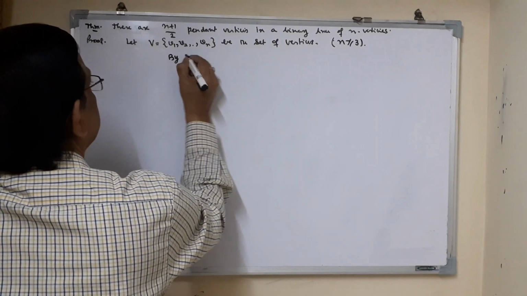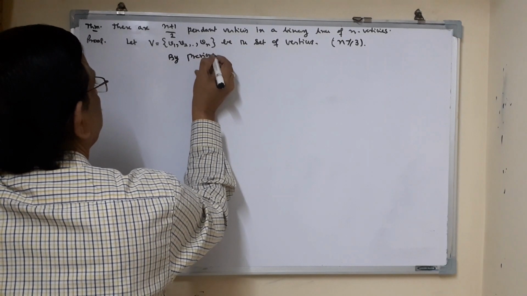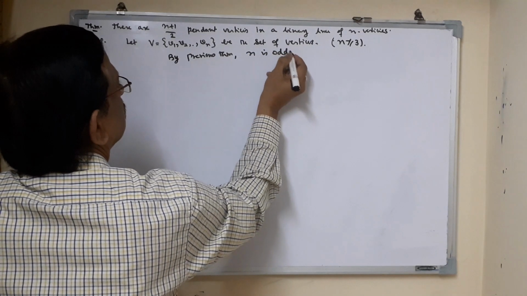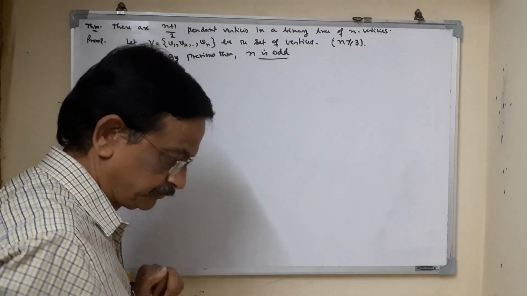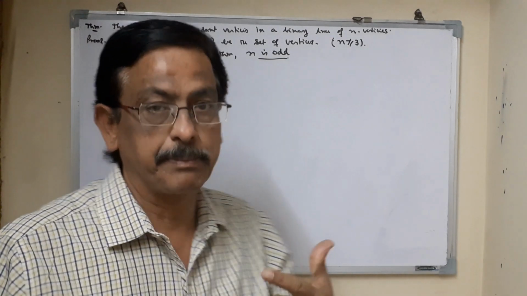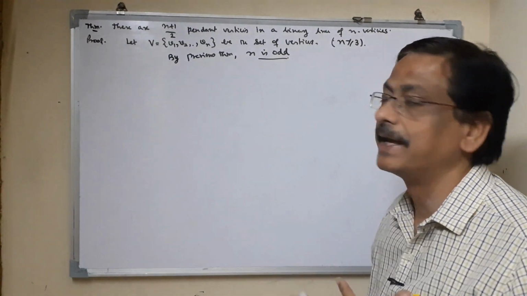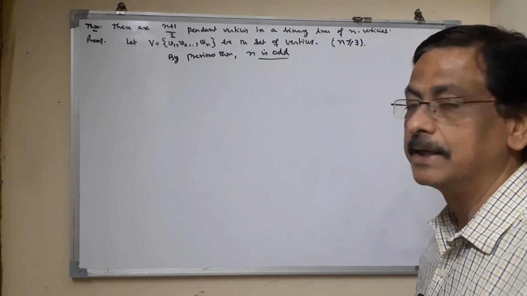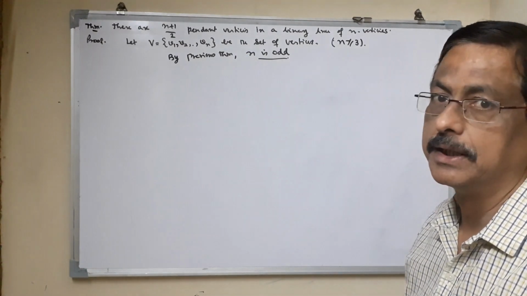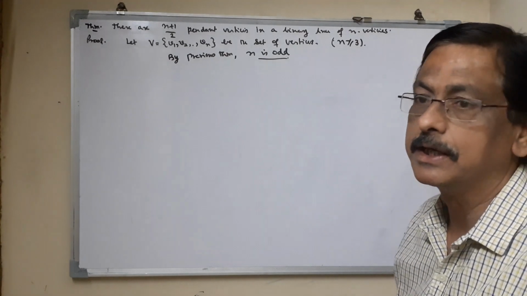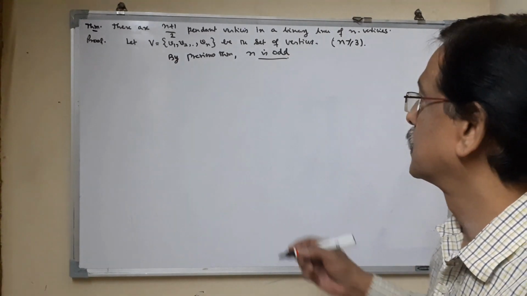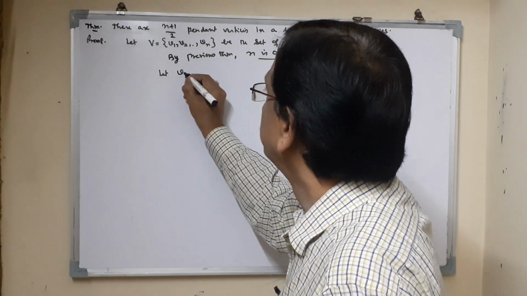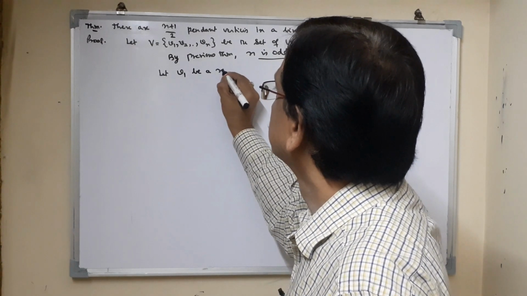By the previous theorem, n is odd. Now, what are the possibilities of the binary tree about the degree? There is degree 1, degree 2, degree 3. So there are pendant vertices, internal vertices, and a root vertex. So let V1 be a root vertex.